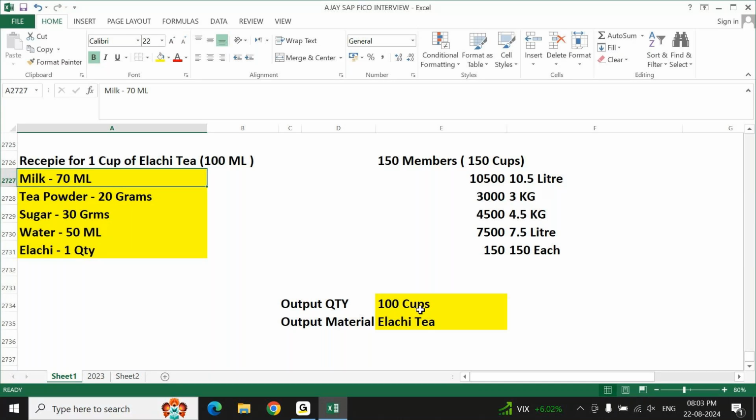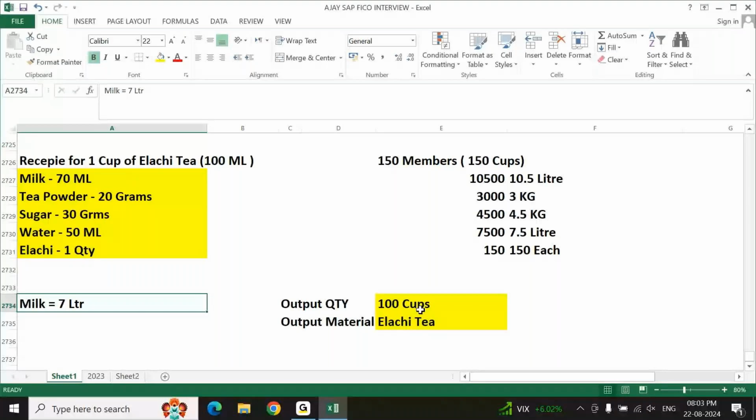It will be 7 liters of milk. Agree? Yes, sir. Right? Milk is equal to 7 liters. Now, if you are doing it manually, assuming that this is the required raw material quantity, am I correct?